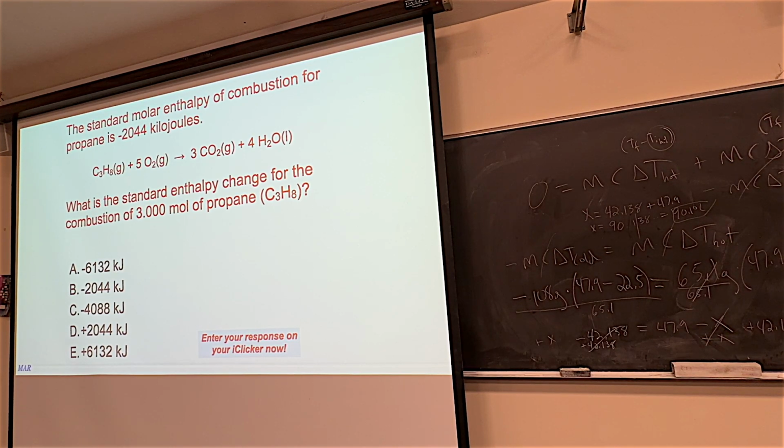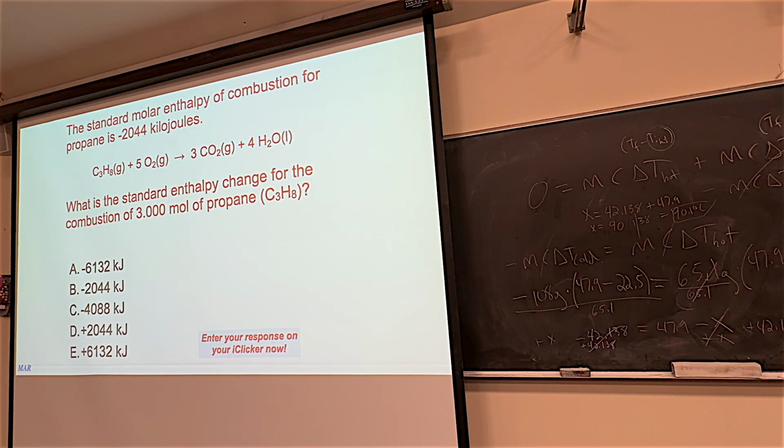This is a problem where it wants you to find the enthalpy, and this one isn't as bad as you might think. This type of delta H is delta H per reaction. So what it means is that when you burn 1 mole of C3H8, you're going to get this many kilojoules out. And the question comes down to, well, we're not burning 1 mole, we're burning 3 moles.